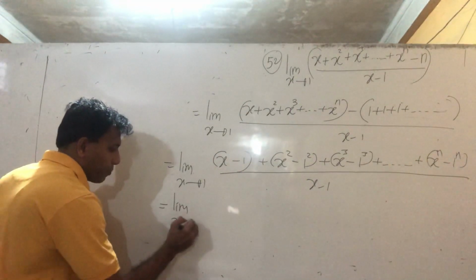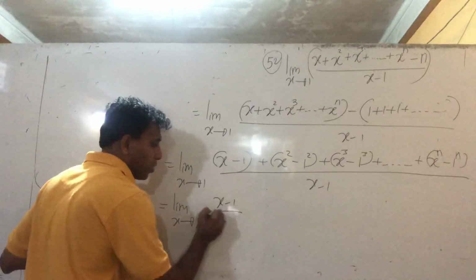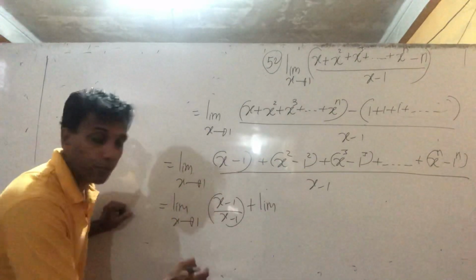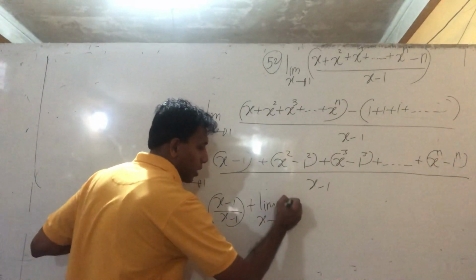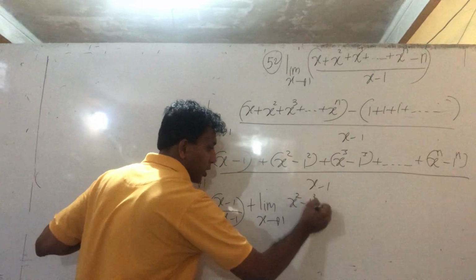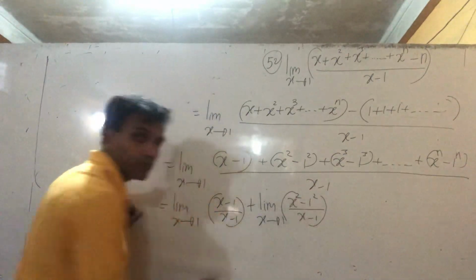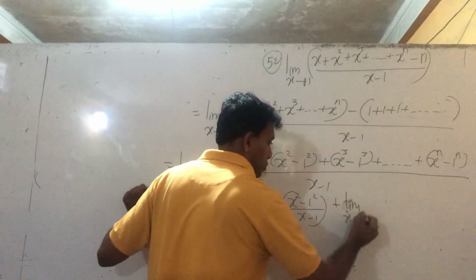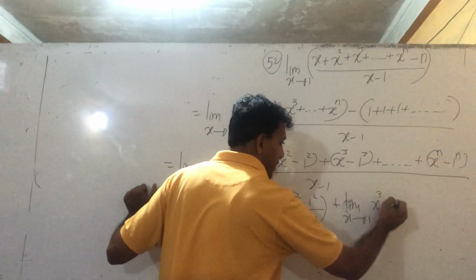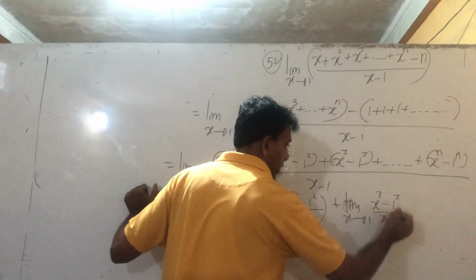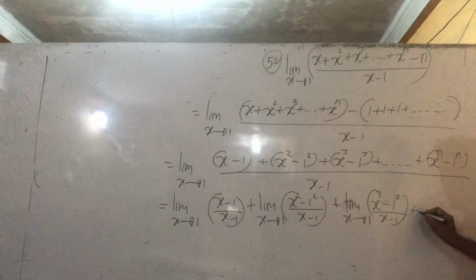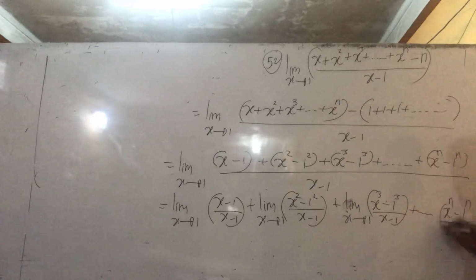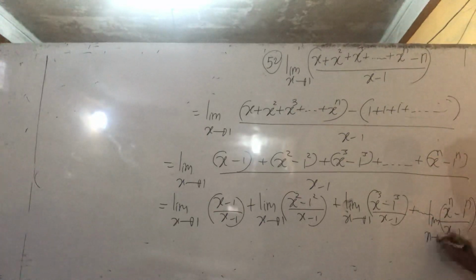Limit x approaches 1, x minus 1 over x minus 1, plus limit x approaches 1, x square minus 1 square over x minus 1, plus limit x approaches 1, x cube minus 1 cube over x minus 1, and so on, up to x to the power n minus 1 to the power n over x minus 1, limit x tends to 1, right?